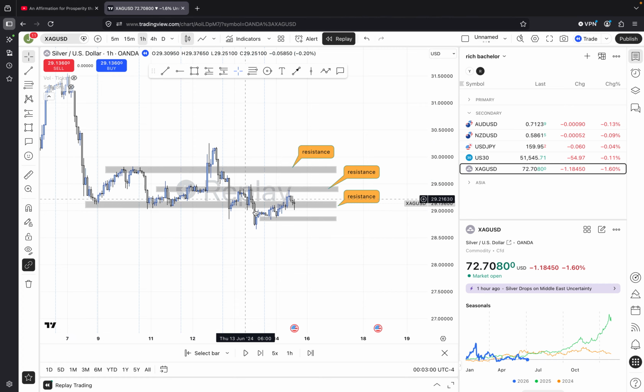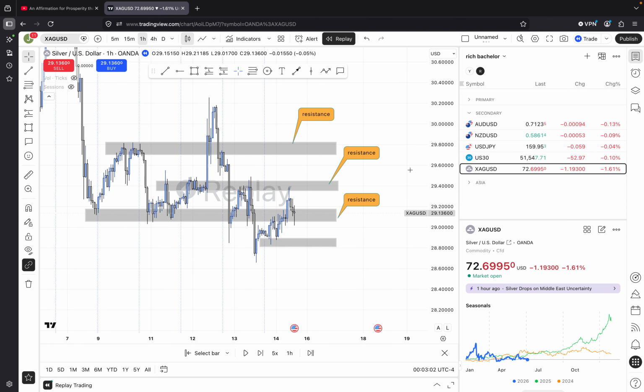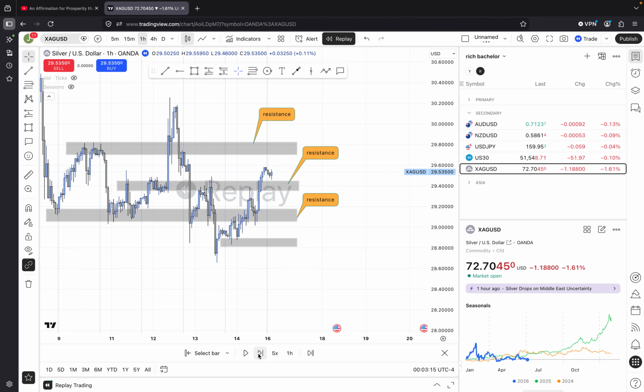So I'm going to be more cautious in this area because price is not having the volume and the momentum that it normally has. And as I say that, it invalidates that lower high. So hopefully you're starting to see the small things that lead to the bigger picture.